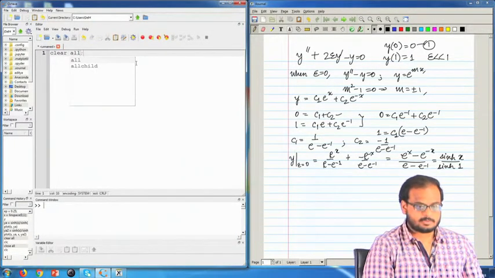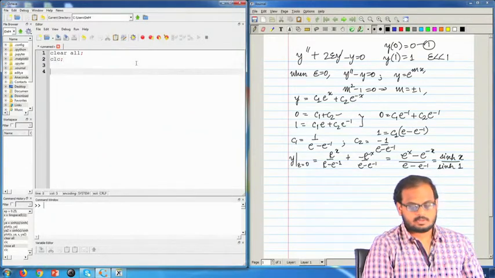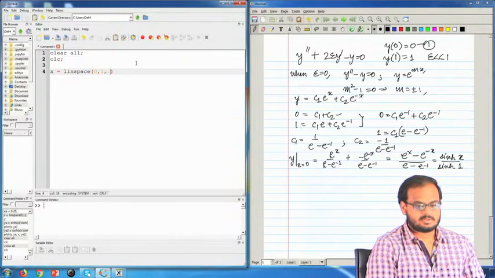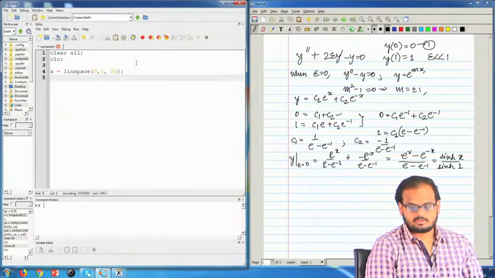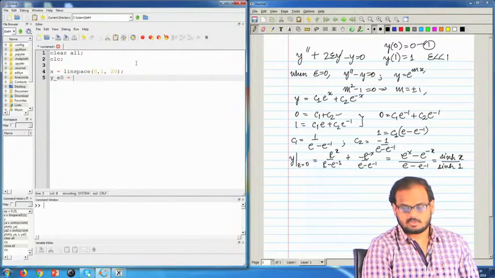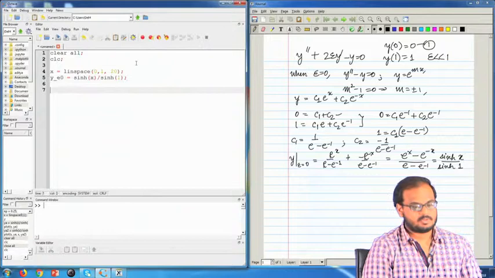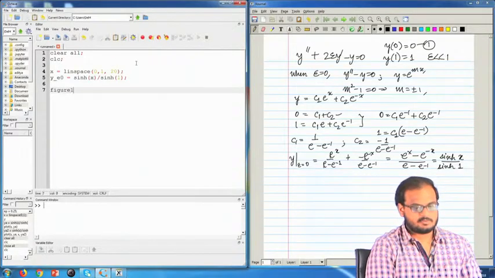So, let us create a script. Let us define x as a linspace from 0 to 1. Let us take 20 points. So, let us write y0, which is the base solution, as sinh of x by sinh of 1. And in figure 1, let us plot this.